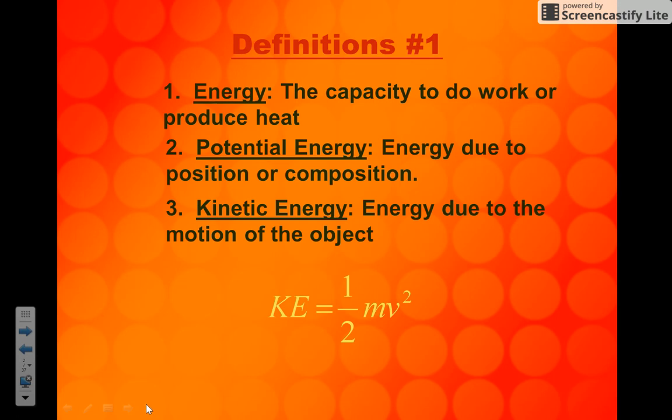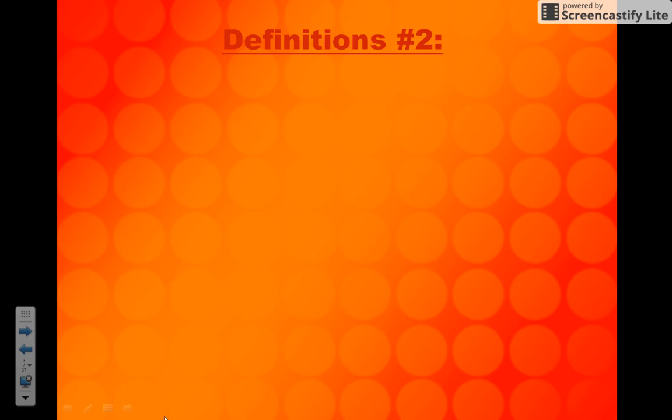Remember, gas particles are in constant random motion. But another formula we can use to calculate kinetic energy is equal to 1/2 the object's mass times its velocity squared. So 1/2 mv squared is a formula that we could use to calculate kinetic energy.